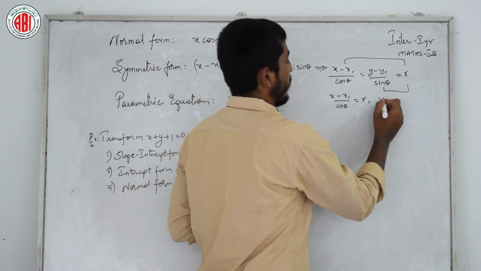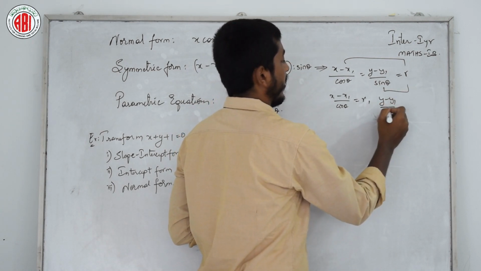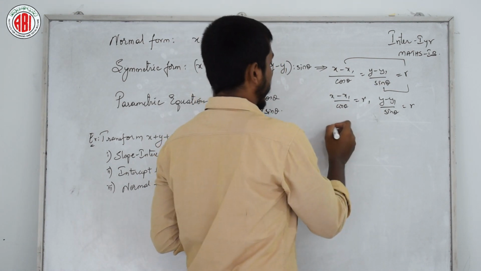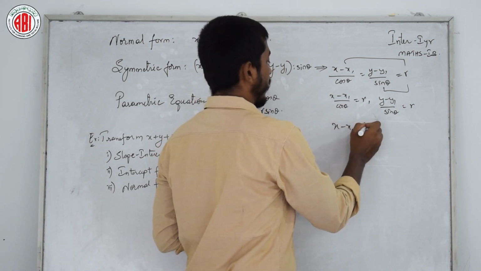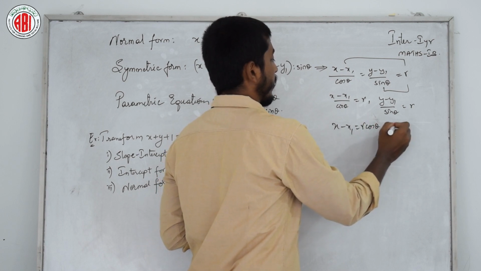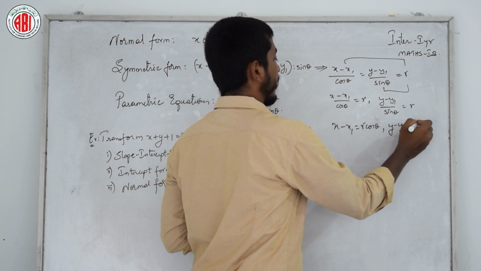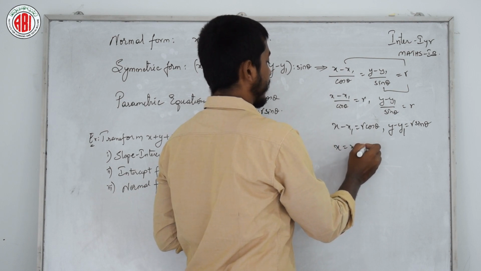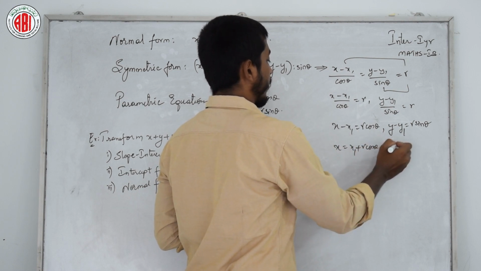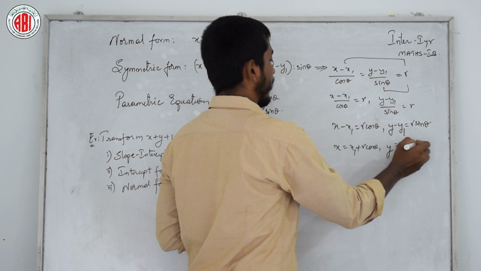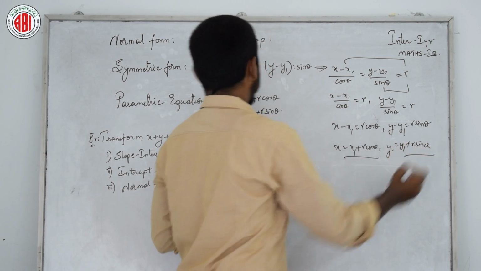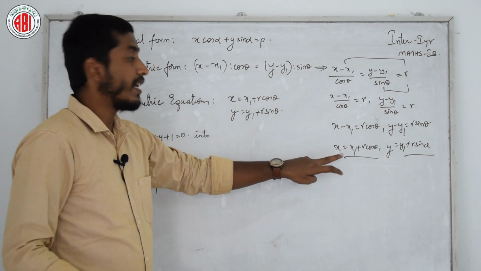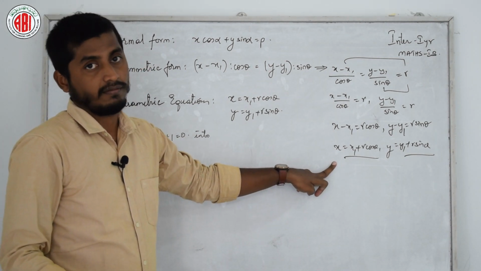Then y minus y1 by sin theta equal to r. From this we get x minus x1 is equal to r cos theta, y minus y1 is equal to r sin theta. Therefore, x is equal to x1 plus r cos theta, y is equal to y1 plus r sin theta. Is it clear? These are simply called parametric equations.